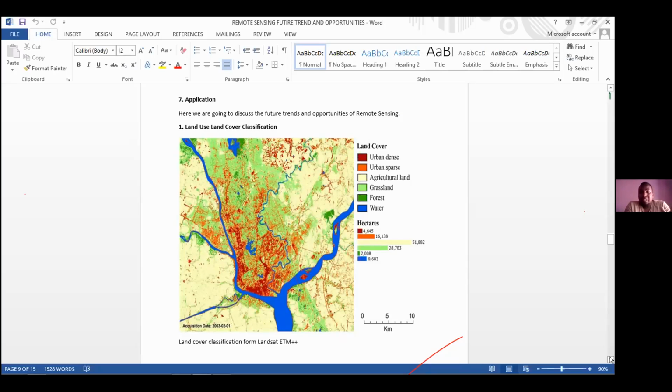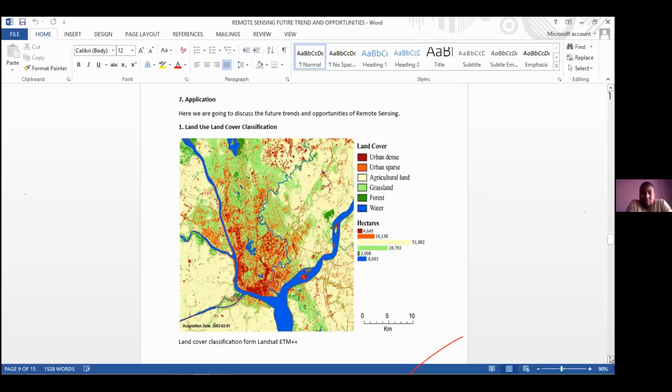And one of the applications of remote sensing is what we call land use land cover classification. Land cover classification is what most organizations, most people always want to do, because using this, for instance, if you are in India, even in Sri Lanka, Ethiopia, South Africa, I can show you that country, how it is divided in terms of the resources.